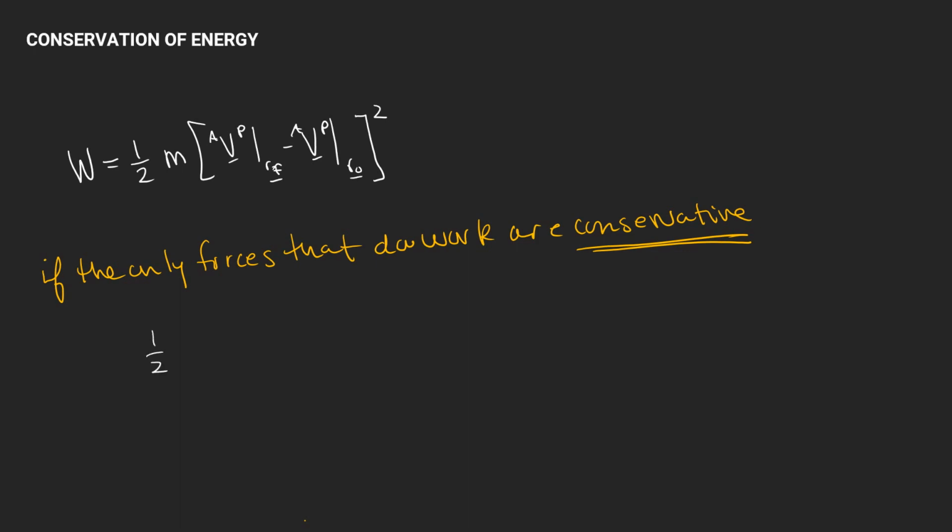So we can again write 1/2 m times v at RF squared minus v at RO squared. We can equate that with the expression that we got for the work done by conservative forces, which was V at RO minus V at RF.